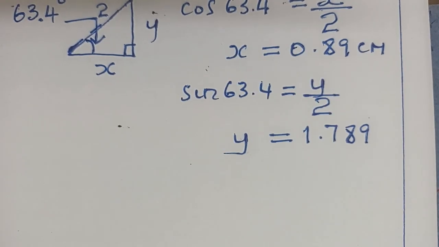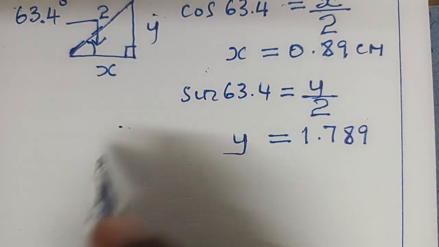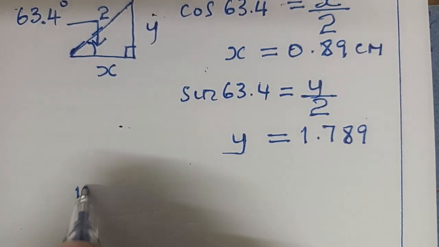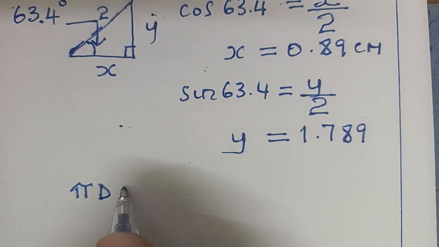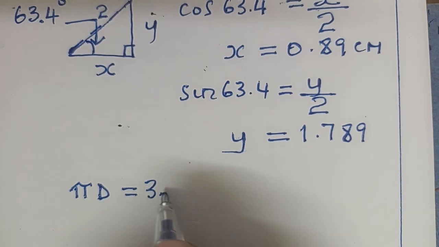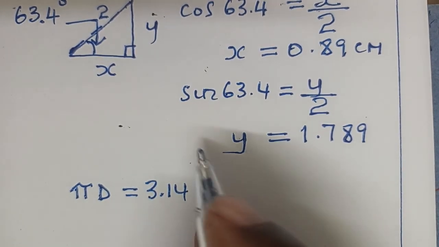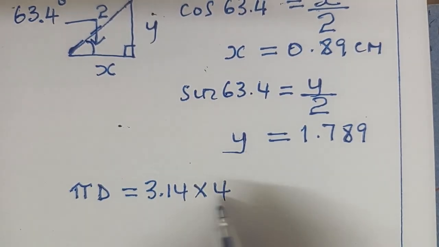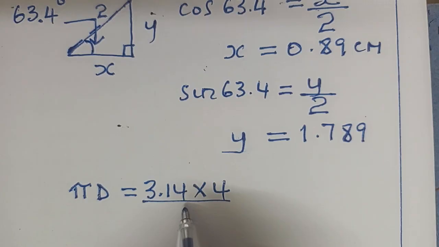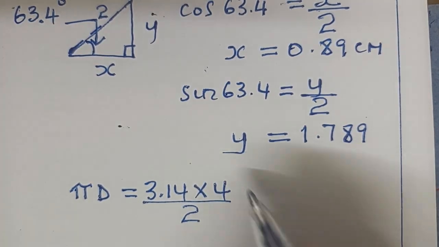So, guys, we have the circumference of the whole circle is pi d, which is given by 3.14 multiplied by 4, which is the diameter, now divided by 2. That is for the semicircle.